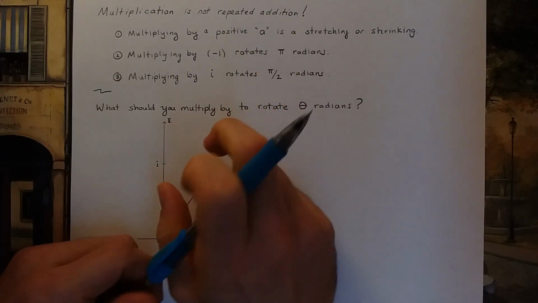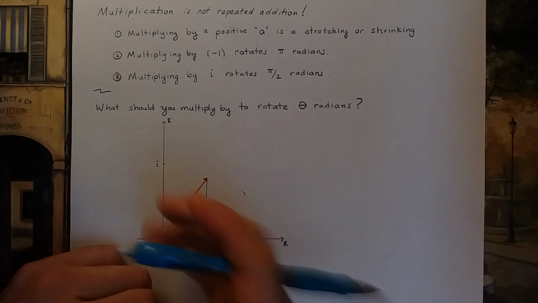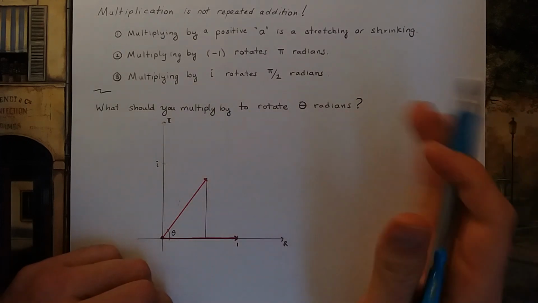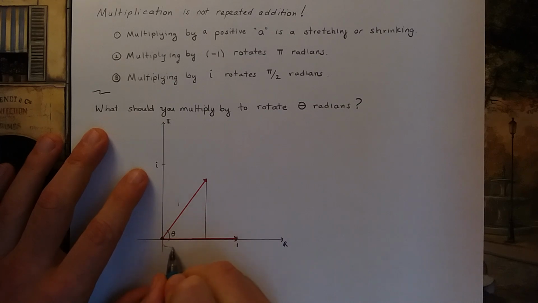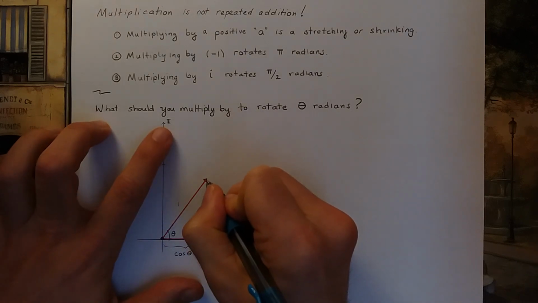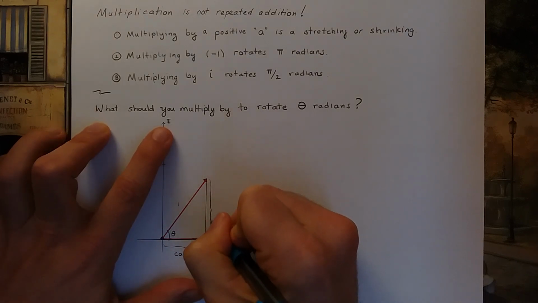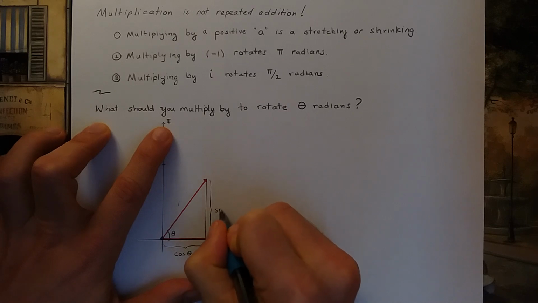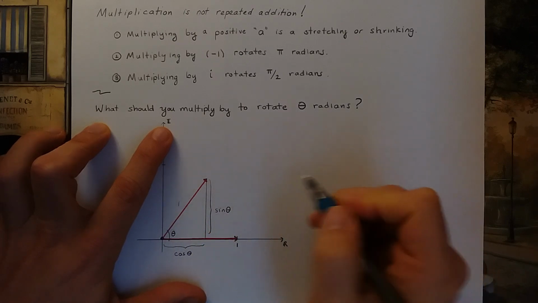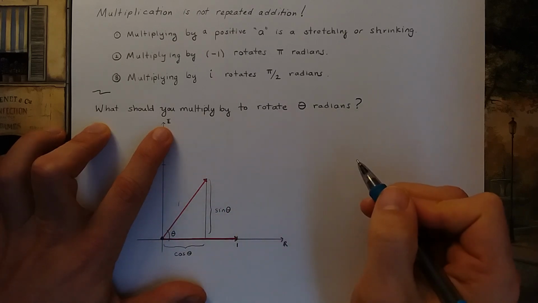And if I do that, then using basic trigonometry, I could find this length to be cosine theta, and I could find this length to be sine theta. That's basic right triangle trigonometry.